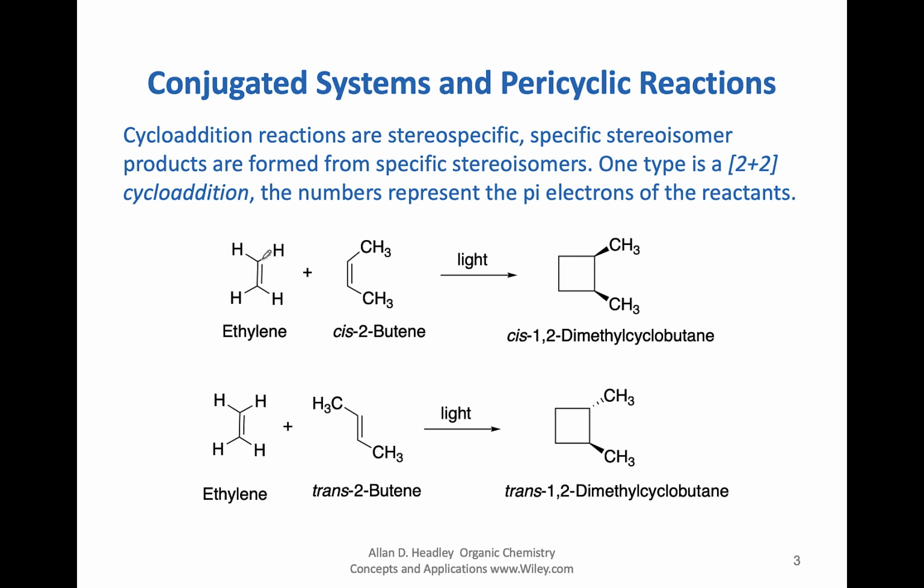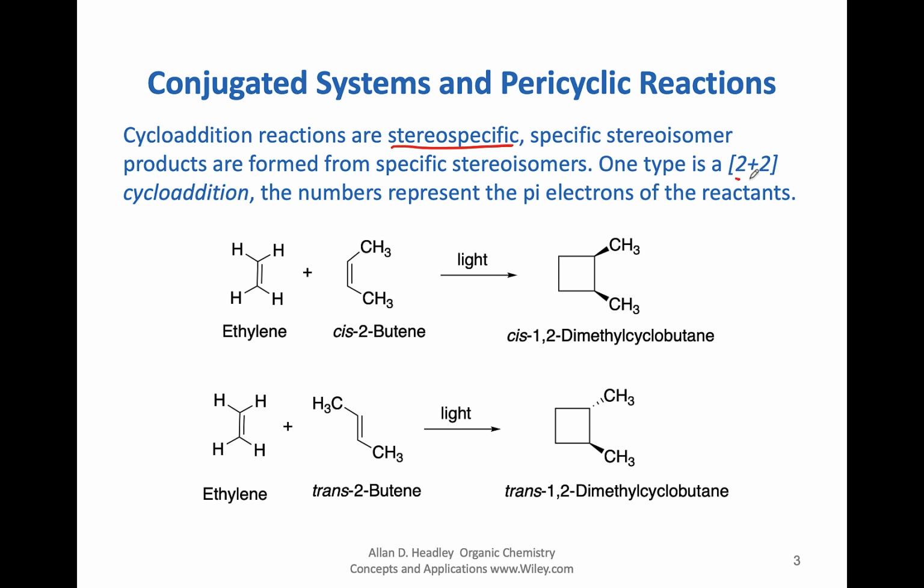So let us begin. We had looked at cycloaddition reactions last lecture, and we mentioned that they are stereospecific, in that a specific stereoisomer as a reactant reacts to give a specific stereoisomer as the product. One way of describing these reactions is to use numbers.